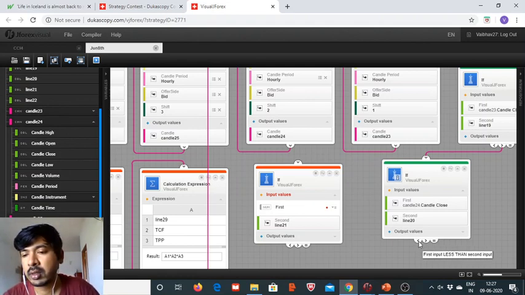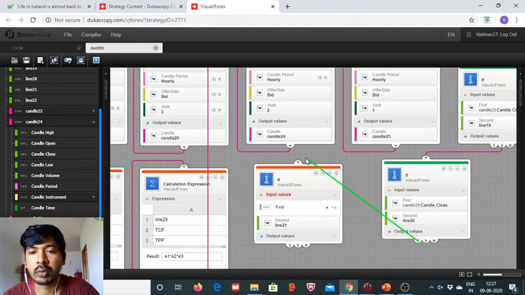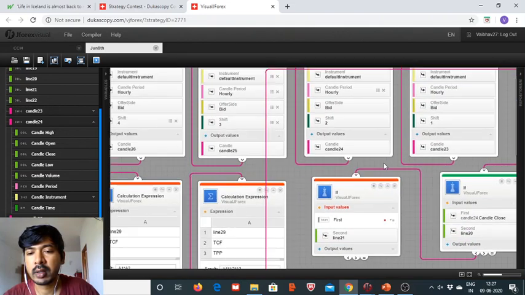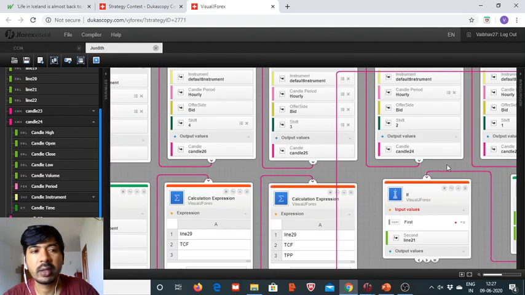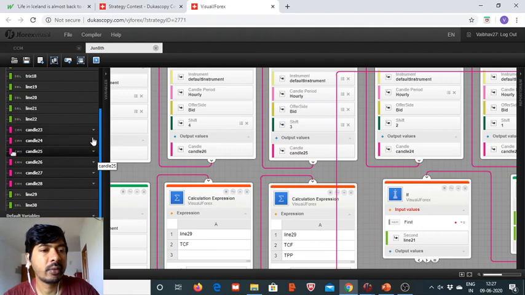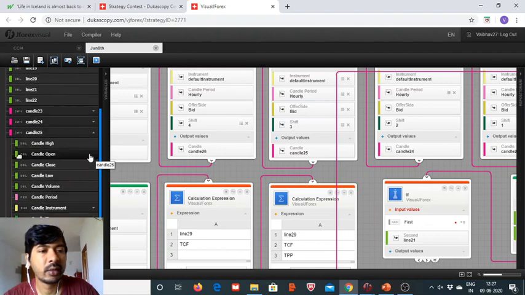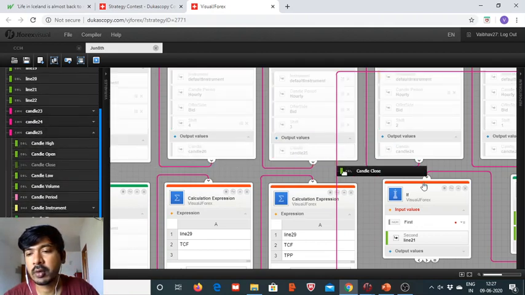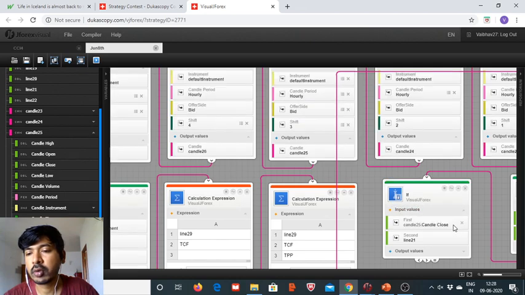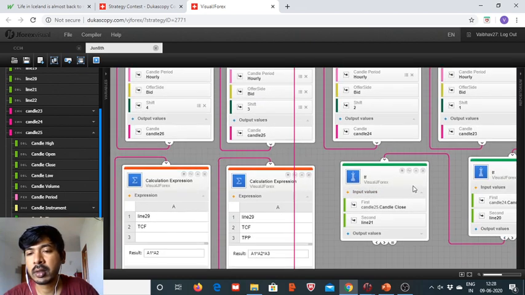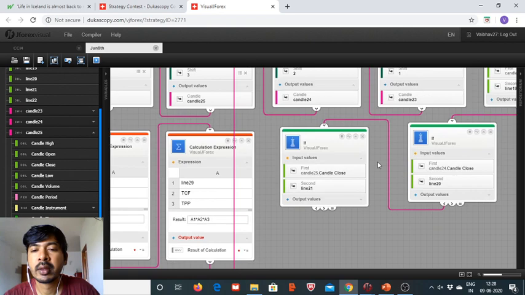Now this preceding candle should have closed lower, and then comes candle 25 is closing, and this candle 25, let me take this candle 25 should have also closed lower than line 21.